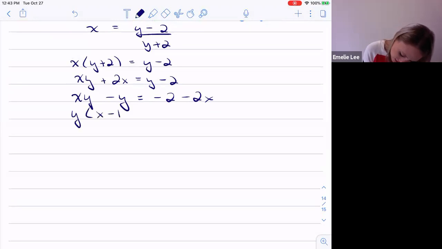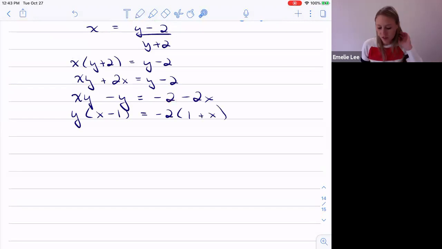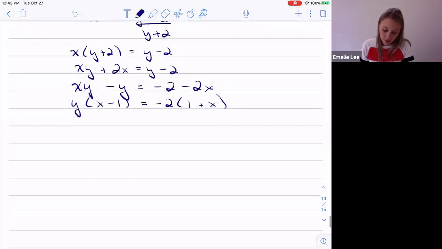Y times x minus 1 is negative 2 times 1 plus x. Right? Expand this just to make sure, especially if you're dealing with negatives. Negative 2 minus 2x, okay, works out. Xy minus y, I've factored properly.